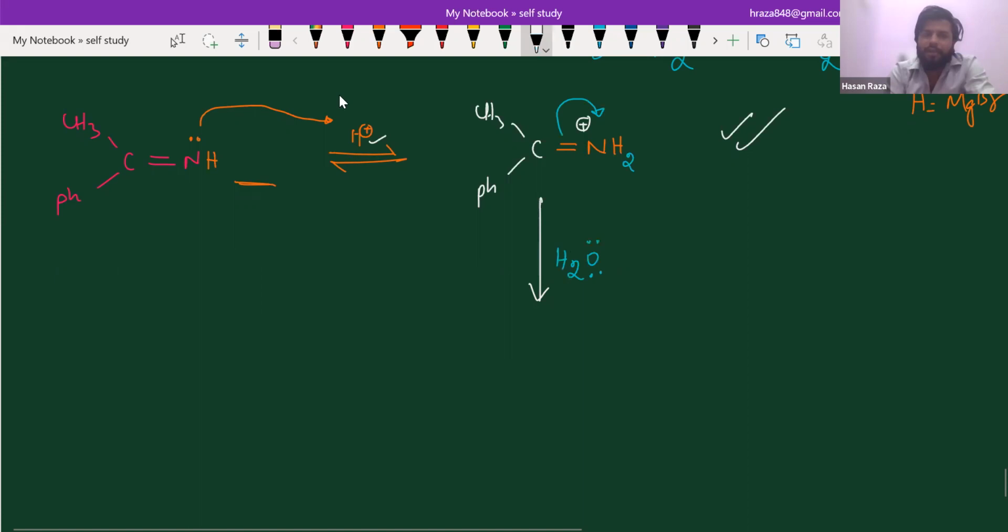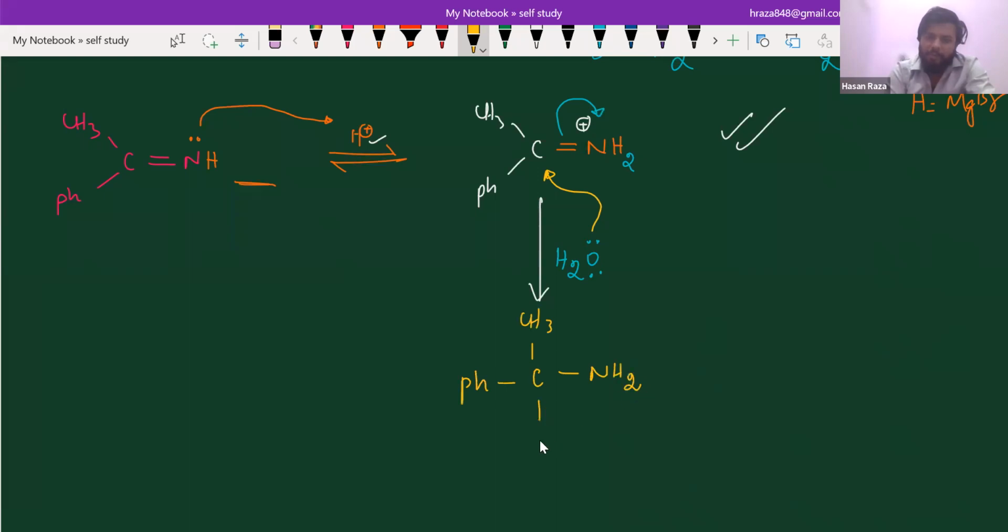So that's why this H2O will come into play and attack this carbon to satisfy it. So you can see now carbon will have three bonds: this CH3, then C6H5, then single bond NH2, and then this part OH2. Are you getting my point?